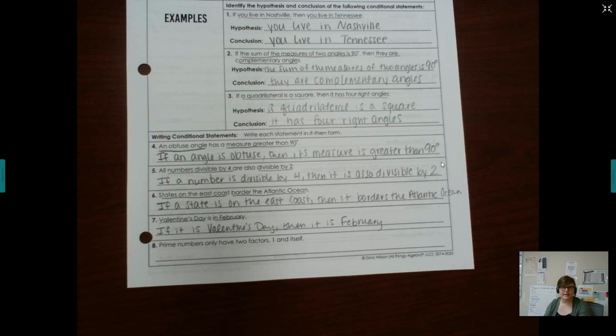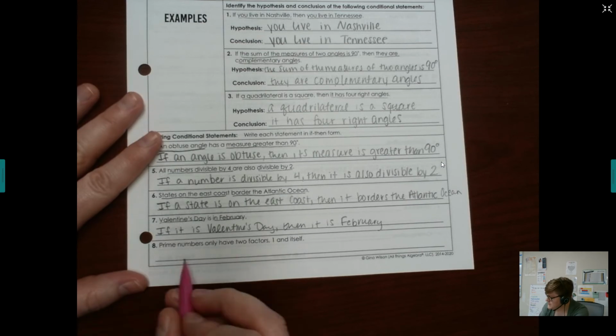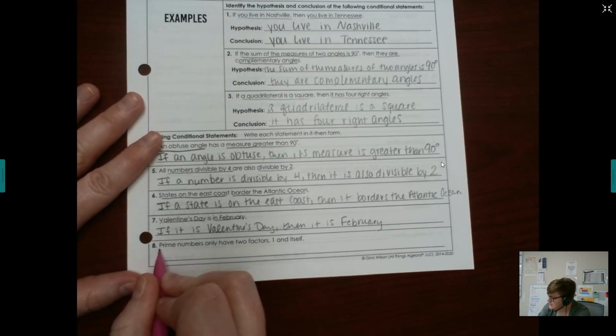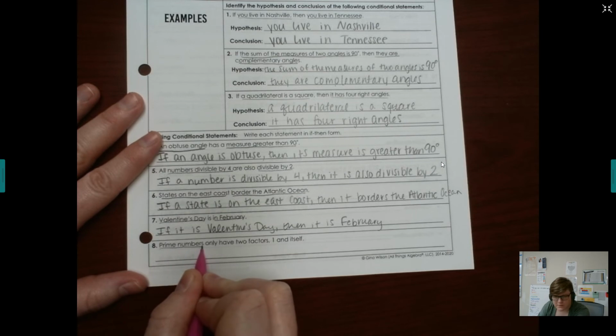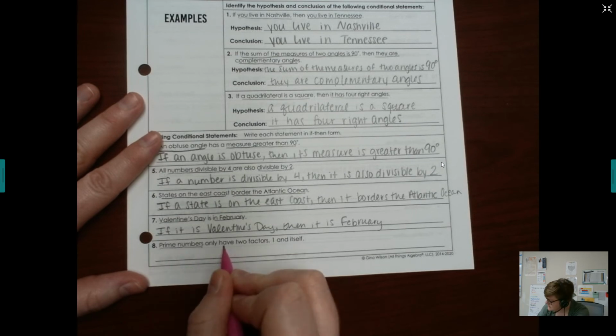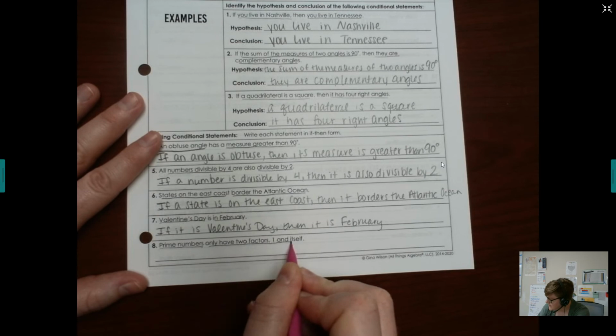Okay. Last one is prime numbers only have 2 factors, 1 and themselves. So prime numbers only have 2 factors.